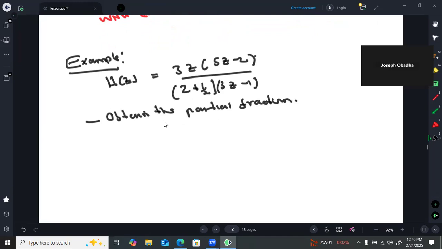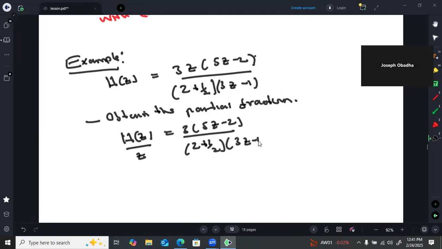After you have obtained the partial fraction, which we easily do, we can just illustrate this. I have H(z) over z, dividing both sides by z, equal to 3(5z minus 2) over (z plus 1/2)(3z minus 1).